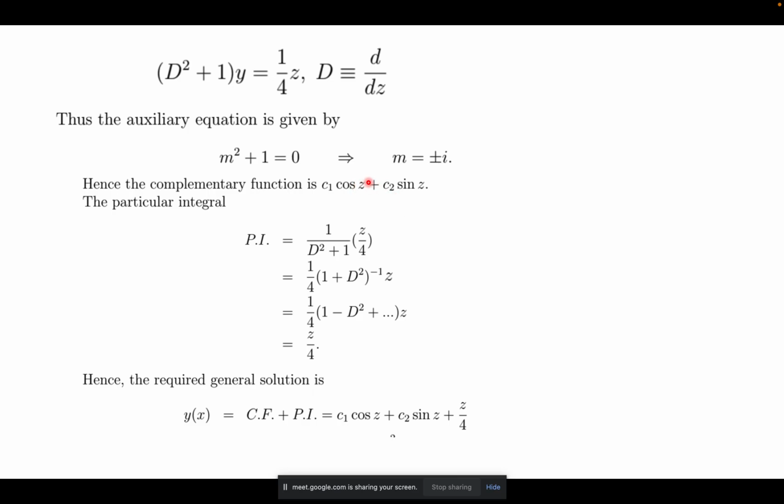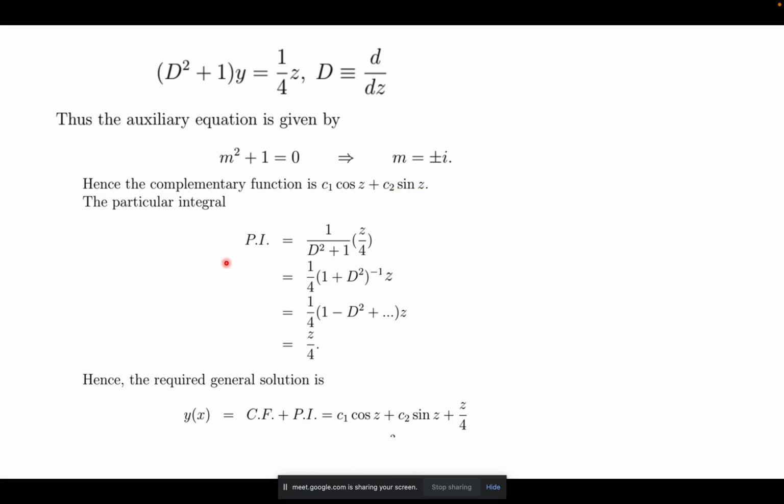Don't write c1 cos x plus c2 sin x, because you have solved many problems where the independent variable is x. But in this problem, in the method of changing the independent variable, you also need to take care of writing the complementary function. So the complementary function is c1 cos z plus c2 sin z.